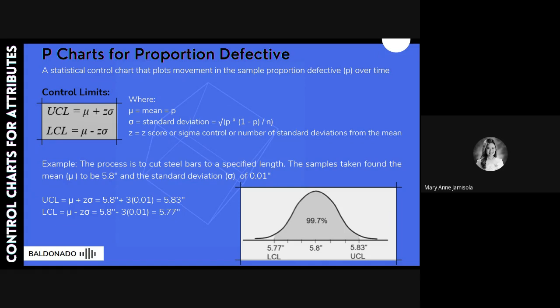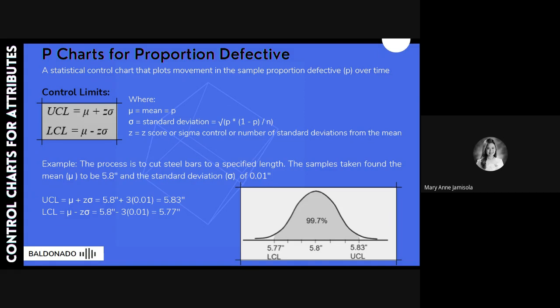Now, in our case, I will not be asking you to compute these upper control limits and the lower control limits because we are on the management side, right? Because our topic is performance management system. So we are on the management side. Our role is to interpret the data and not to compute the values.